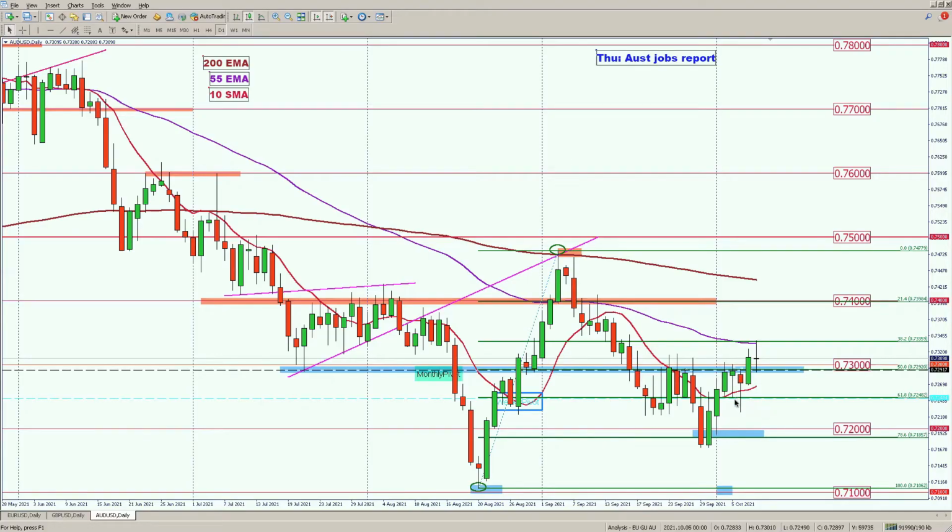It did dip lower after the RBA decision on Tuesday, and started to continue lower on Wednesday, but managed to find support from this weekly pivot and fib extension, climbed back up, a strong move on Thursday, and then closed as a doji just under the daily 55 EMA and the 38 fib retracement.